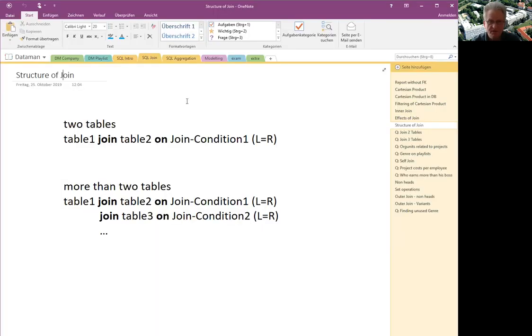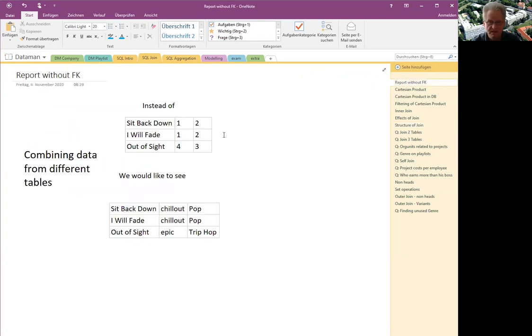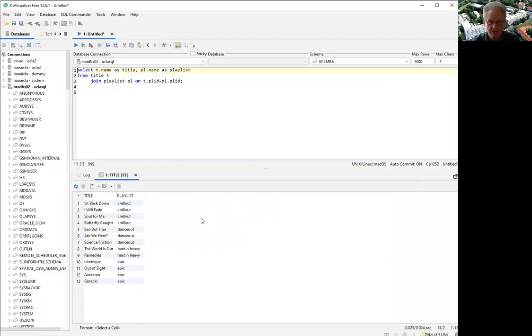If you remember my first slide here, actually we would like also to see the genre. So how could we do that? We just add a further join, and now we join the third table, namely the genre table.